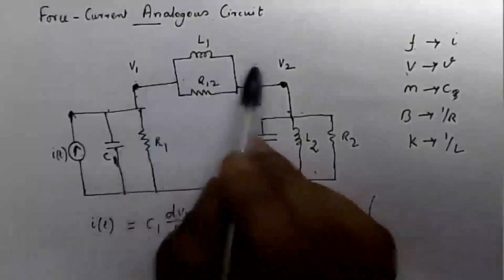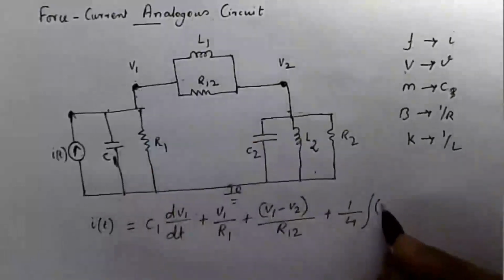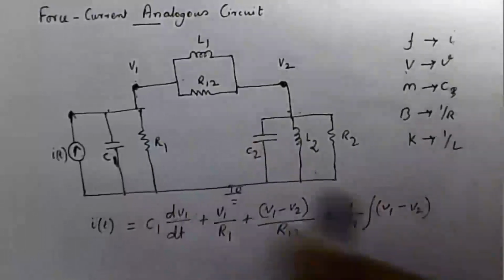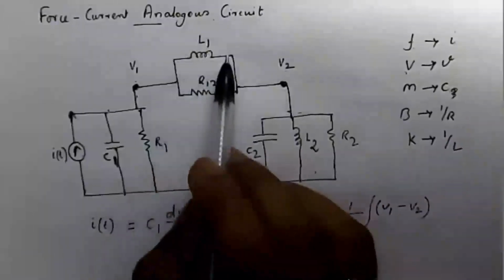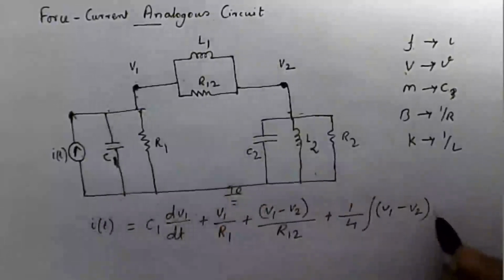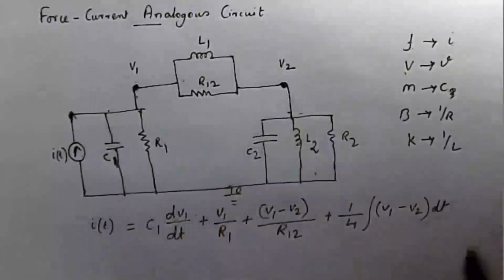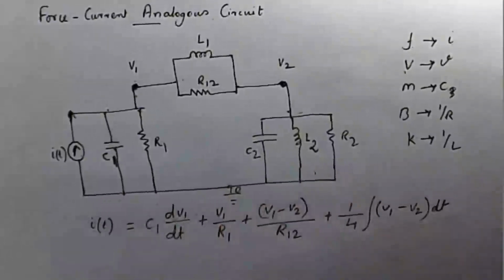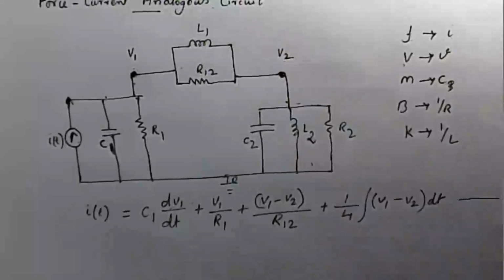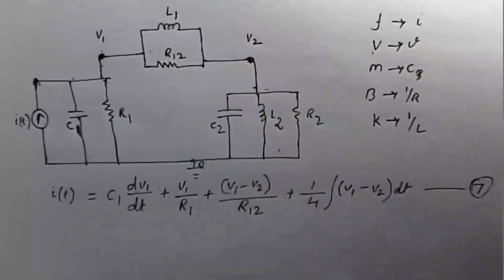The voltage across the inductance is V1 minus V2, so integral of V1 minus V2 into dt. This is taken as equation number 7.